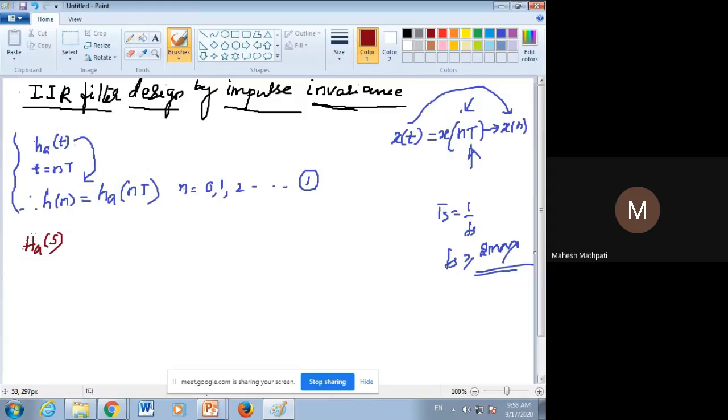Then its partial fraction expansion can be written as: HA of s equals summation k equals 1 to N of Ck divided by s minus Pk, that is P with suffix k. Let us call it equation 2.